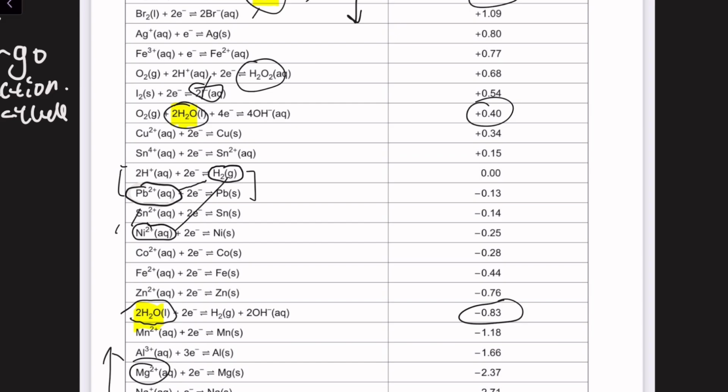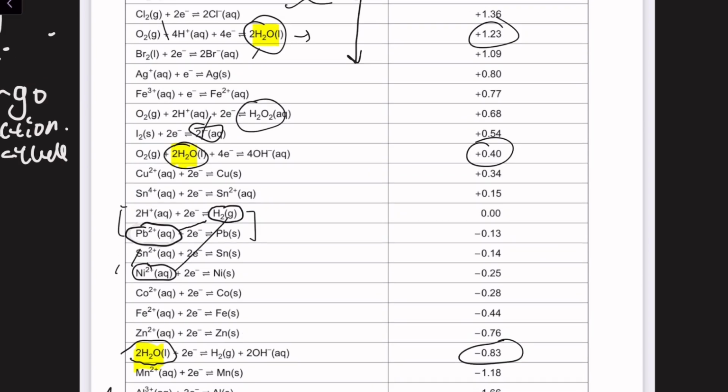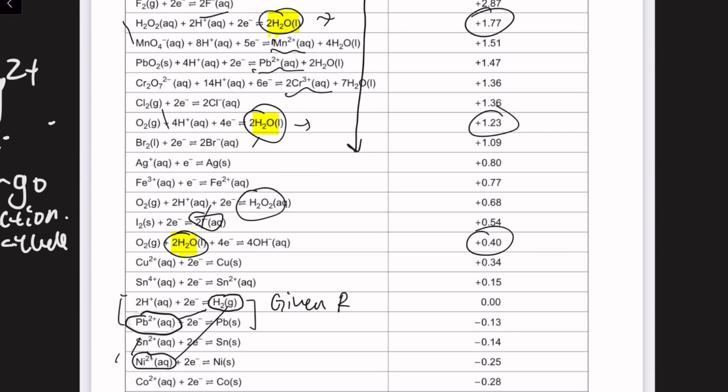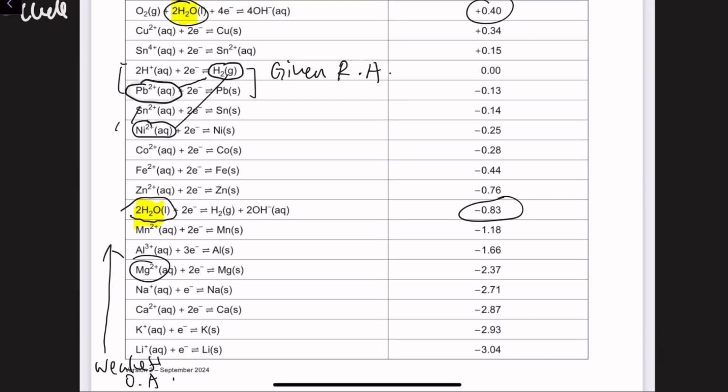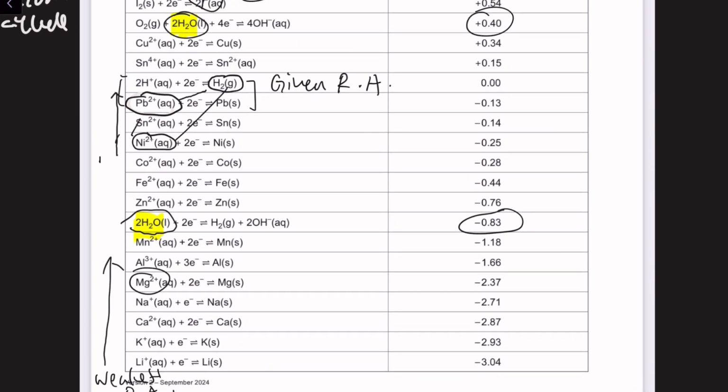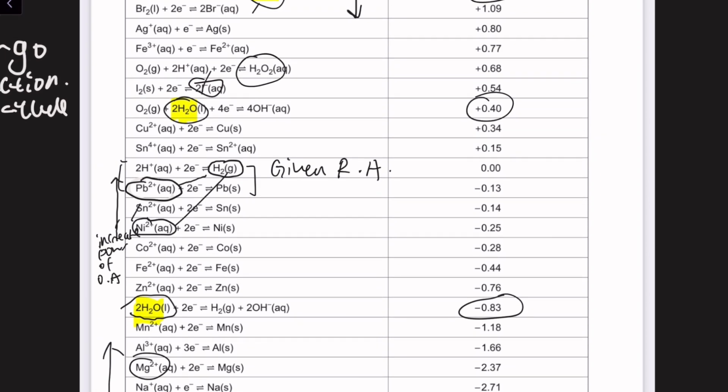Another way to look at this is that we know that hydrogen gas is a reducing agent. And here we are going from bottom to top, so we are actually having increased strength, increased power of oxidizing agent. In other words, the lead ion is a more powerful oxidizing agent than the nickel ion.